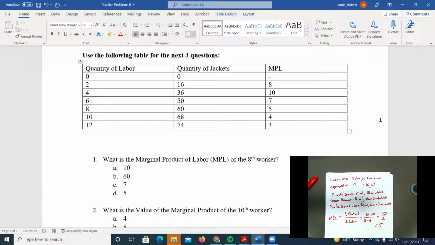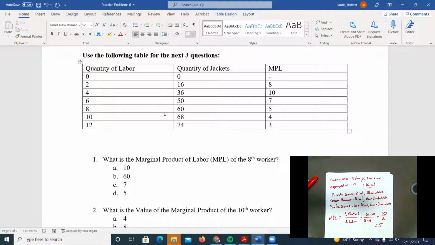And I will generally be nice and keep the change in the quantity of labor the same. Here they're always increasing by 2. Maybe on the exam they increase by 3, or maybe by 5, but I'll keep that change in labor always consistent. Now, the change in output won't be, because of what's true about labor as I hire more workers.